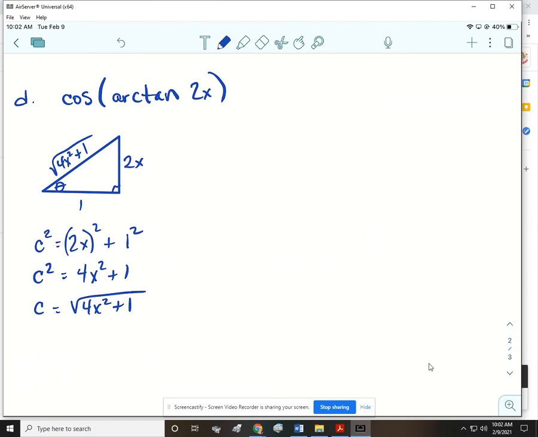All right, so when I go to find the cosine of theta, I'm going to do the adjacent divided by the hypotenuse. Now, if this had been on the ACT, they probably would stop right there.